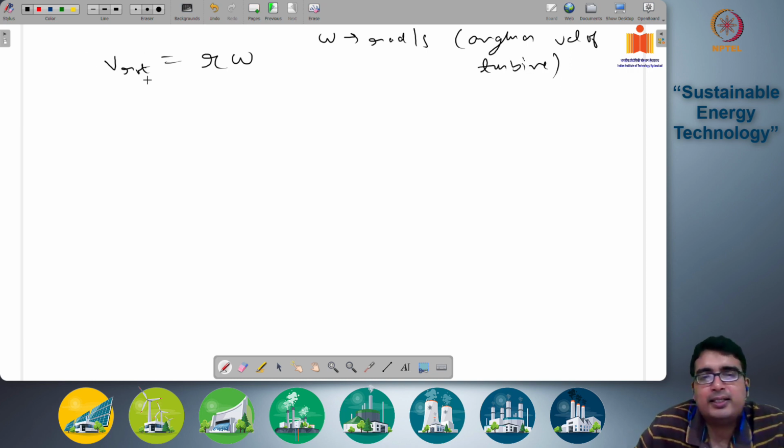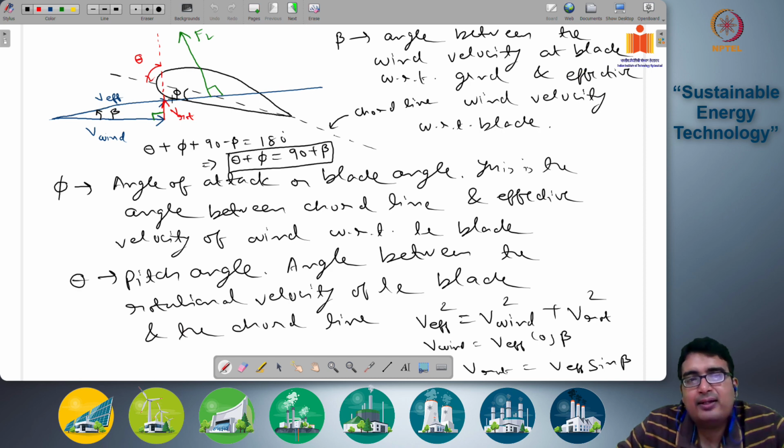Okay, so this is the rotational velocity. You know what the V_wind is, and if you know your angles, beta and r, then you can evaluate the effective velocity at this blade cross section. Based on that effective velocity, you can find your lift force values. All right.